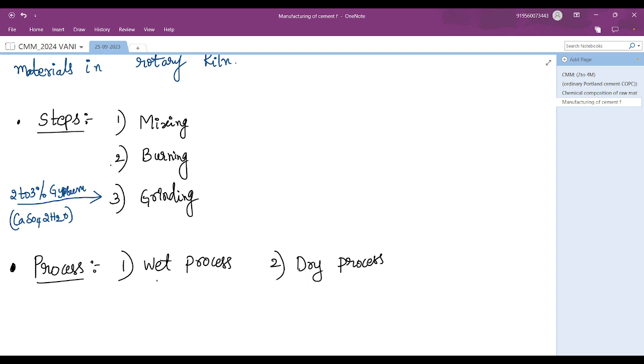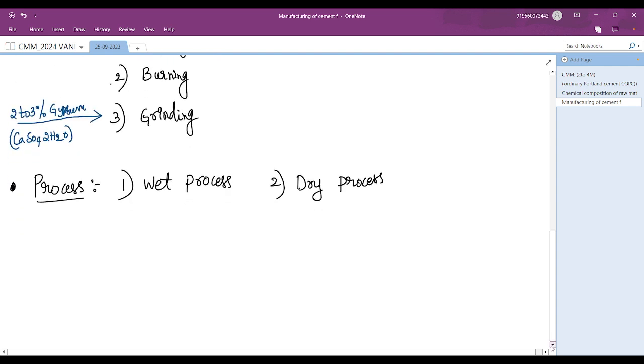But later, the dry process gained momentum with the modern development of the technique of dry mixing of powdered material using compressed air. So let me write that point. From the name itself, you can try to understand it.